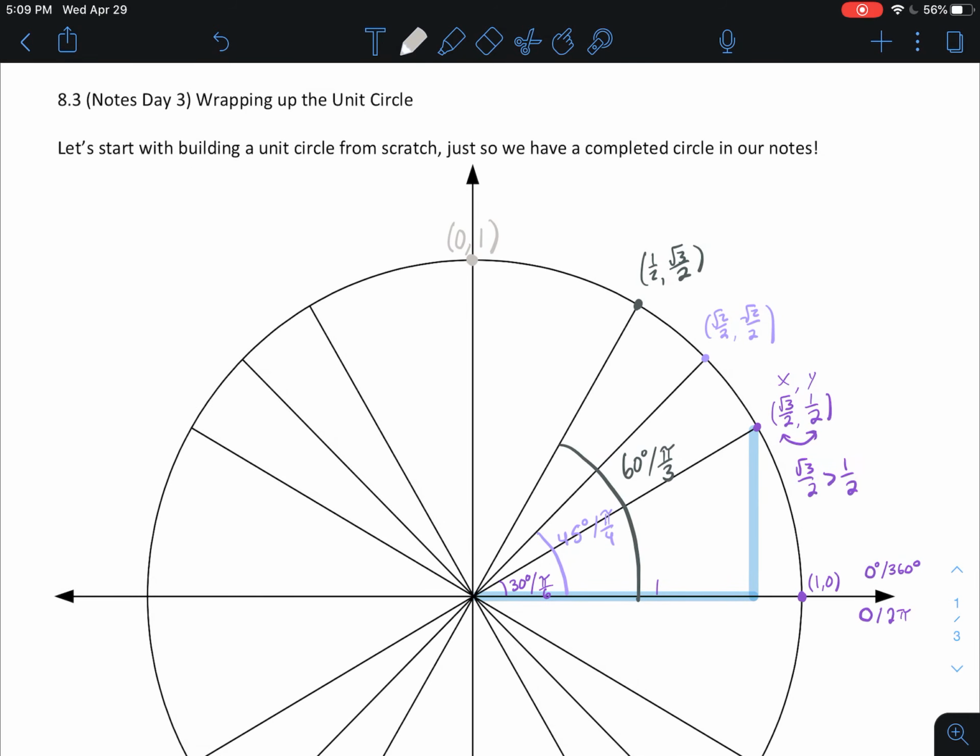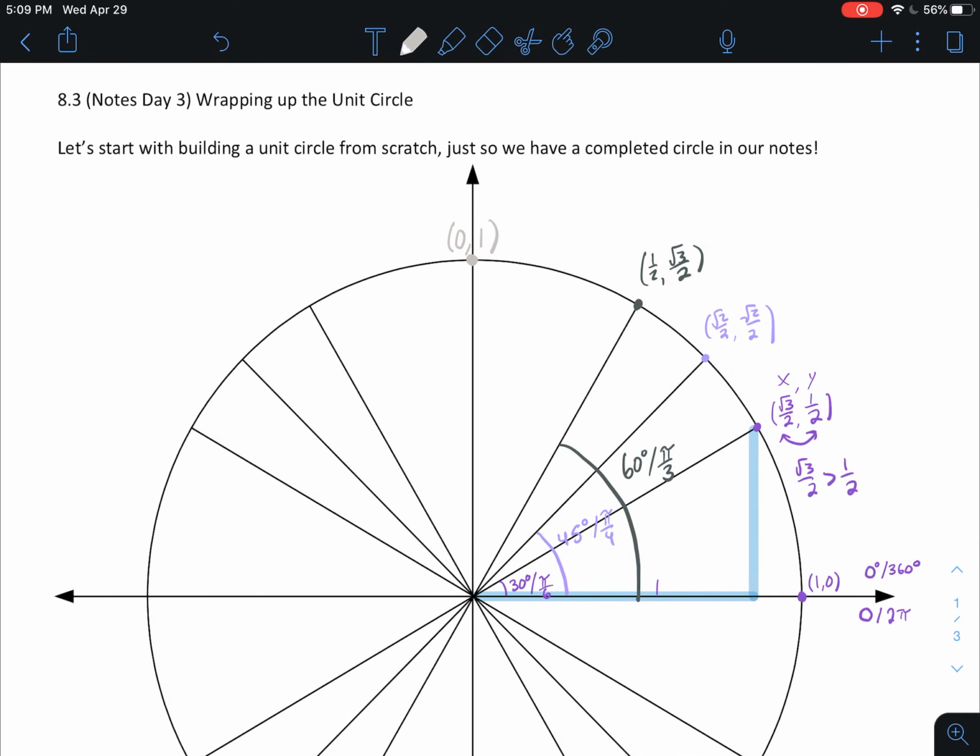Okay, let's continue this on. So the next spot that we have is 30 degrees past 90 degrees. So this is our 120-degree angle, also known as 4 pi over 3. Nope, 2 pi over 3.